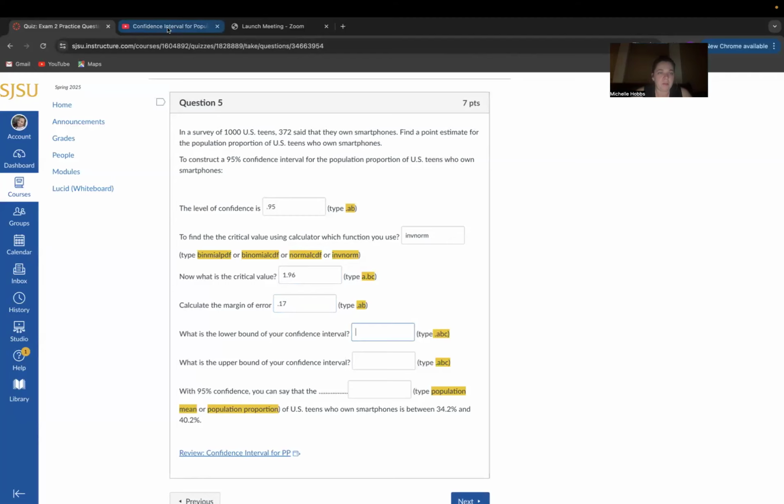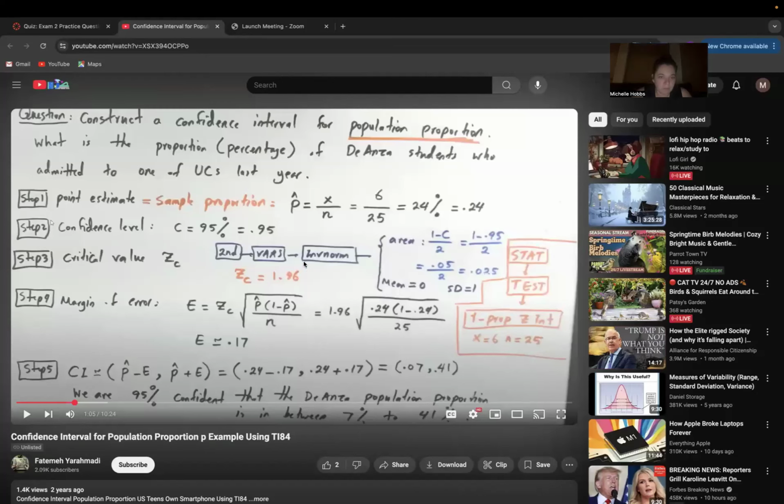And then the lower bound of the confidence interval is... lower bound.